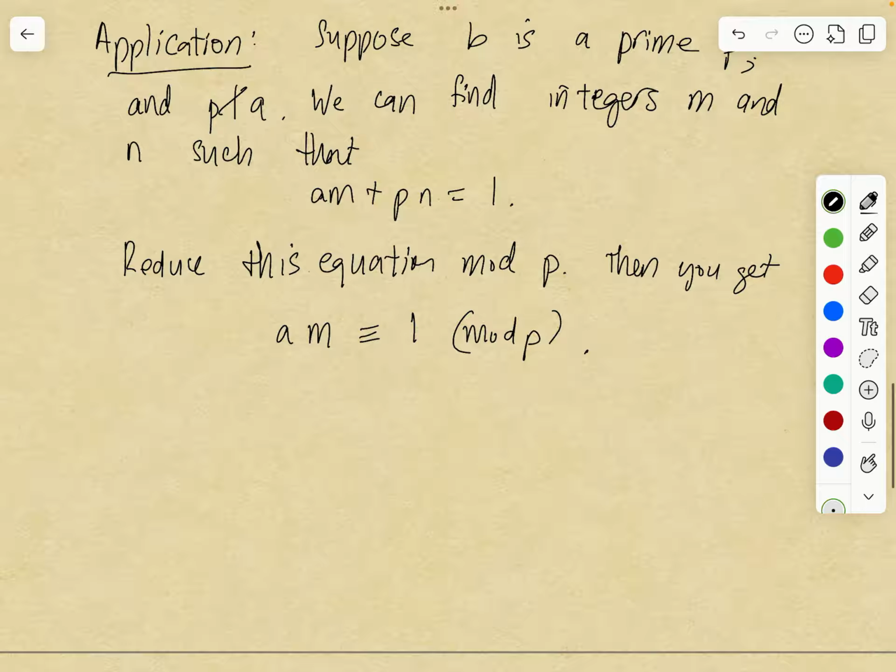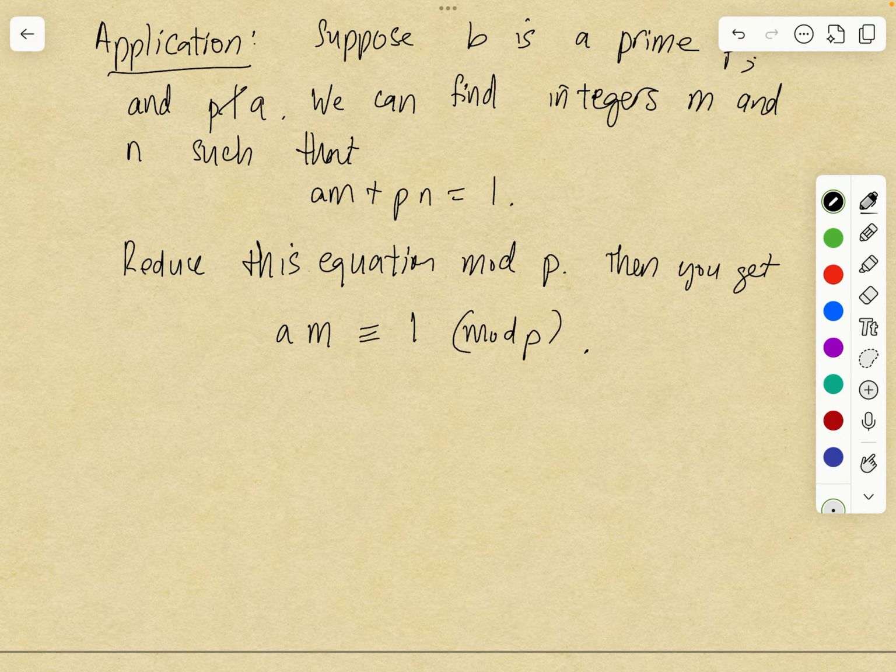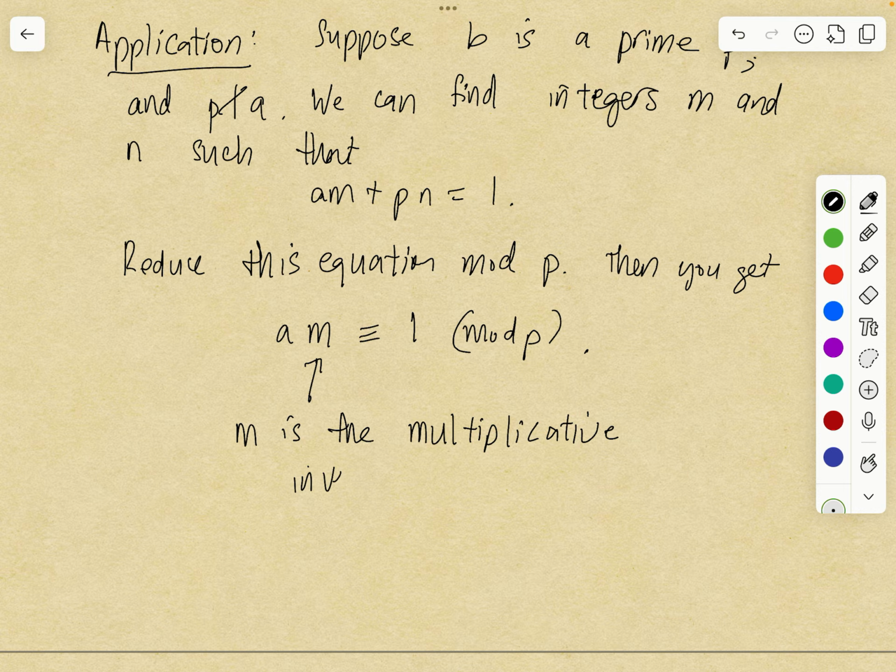So what does that mean? That means that you found an integer m such that a times m is congruent to 1 mod p. So that's the multiplicative inverse. M is the multiplicative inverse of a mod p.